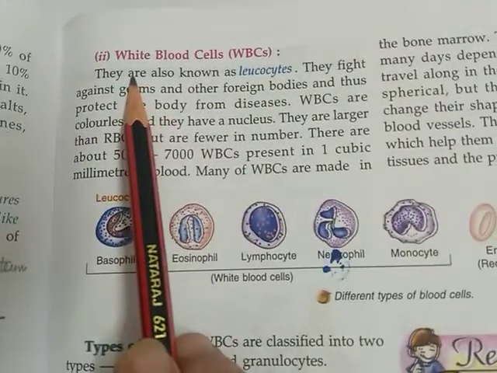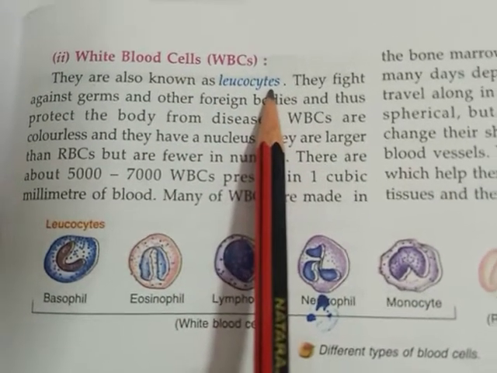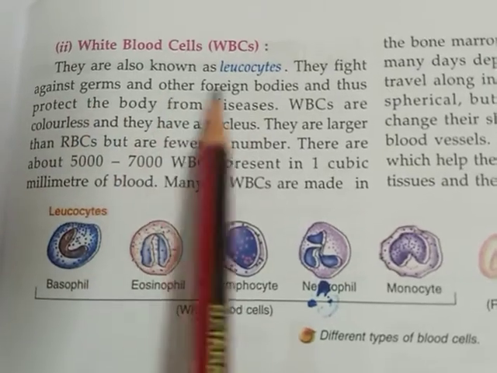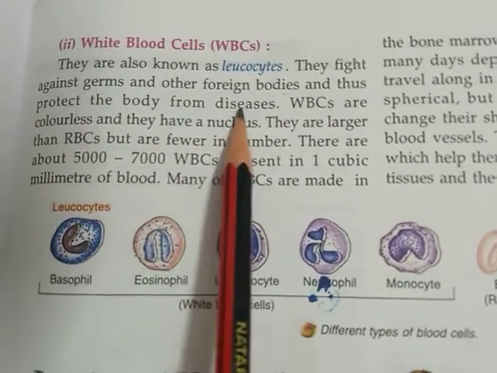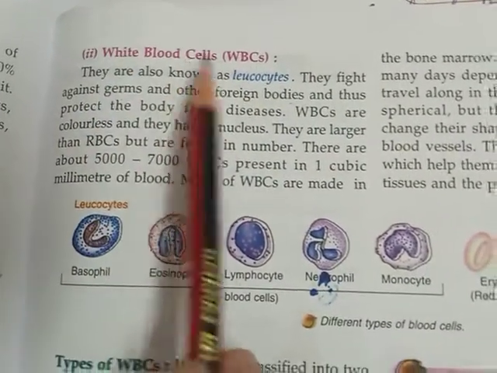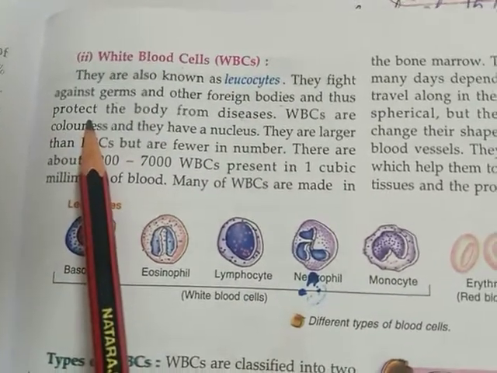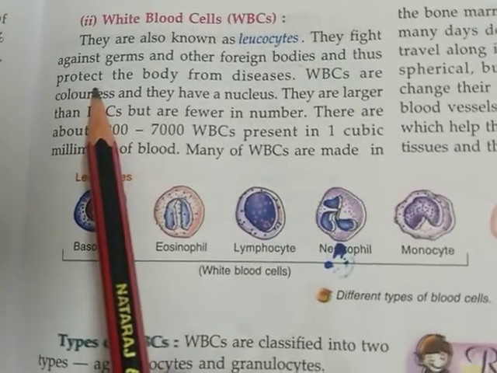The biological term for the white blood cells is leukocytes. They fight against germs and other foreign bodies and thus protect the body from diseases. So, children, the main function of the white blood cells or the leukocytes is to fight against any foreign body or any germ that has entered your body.